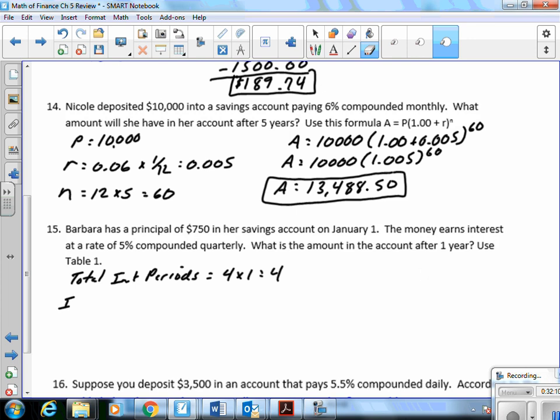And the interest rate per period, well, the total interest rate is 5%. So change that to 0.05, and per period, since there's 4 periods per year, take 0.05 and divide it by 4, or multiply it times 1/4 if you want to do it that way. That's going to give us 1.25.